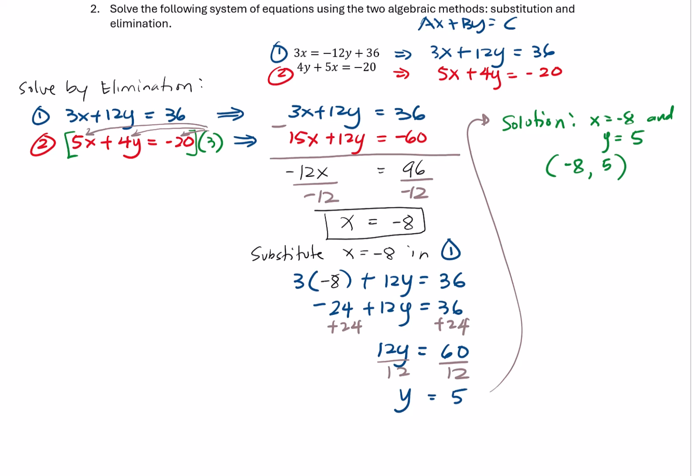Now you can check our work by substituting these x and y values in either of our equations 1 and 2. You could use the original, or you could use the one that is arranged in standard form. Okay, so let's try and check. Let's copy equation 1 again.